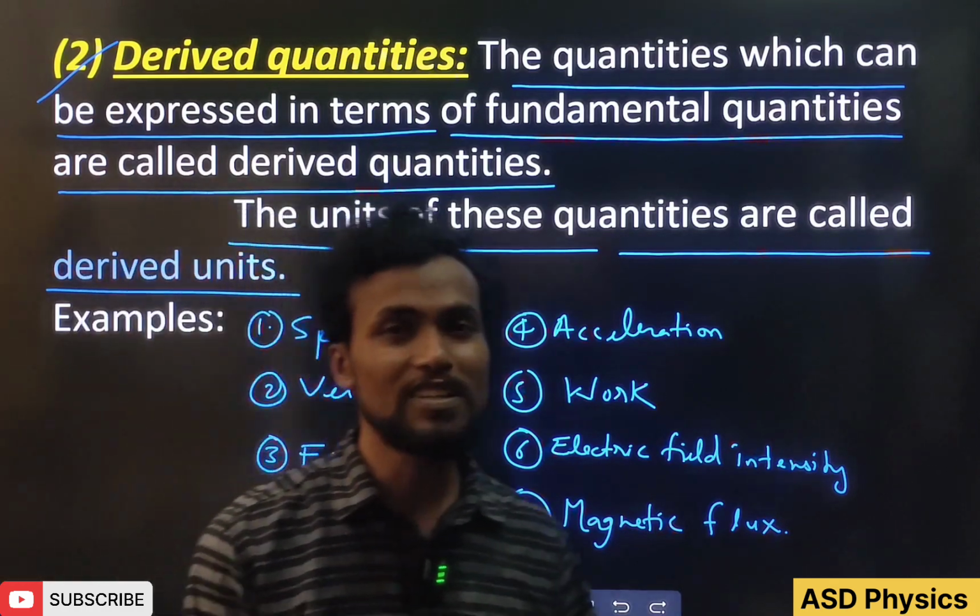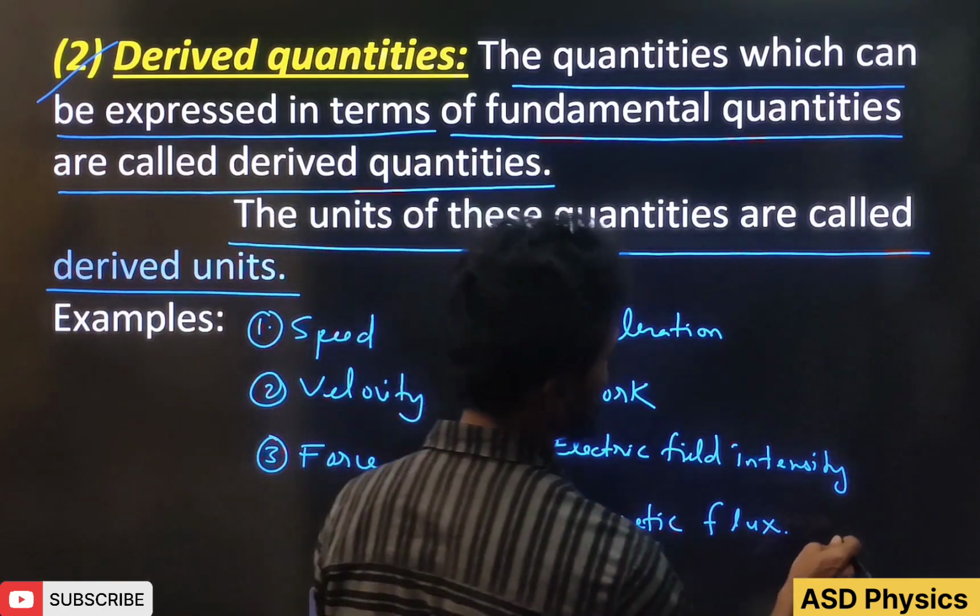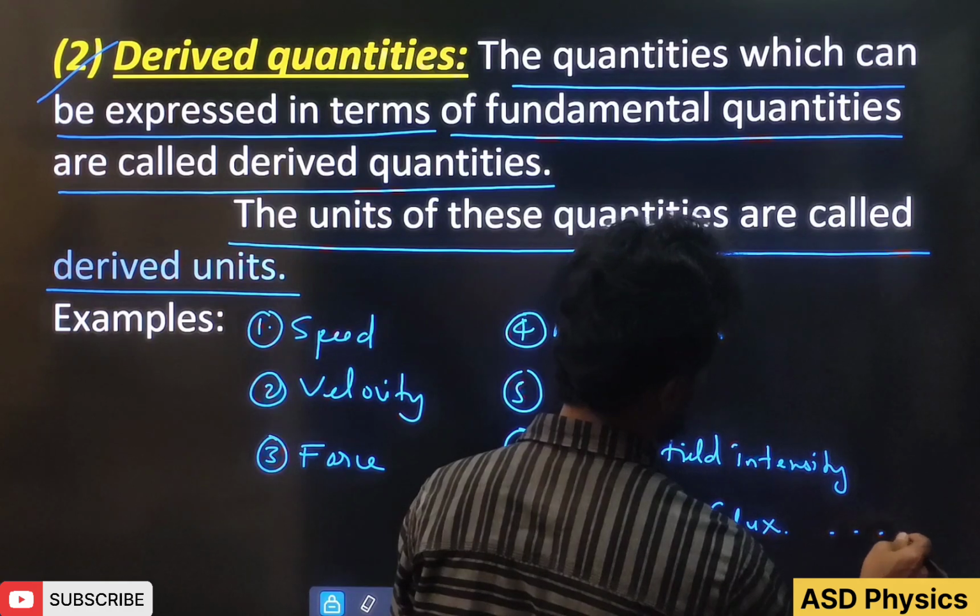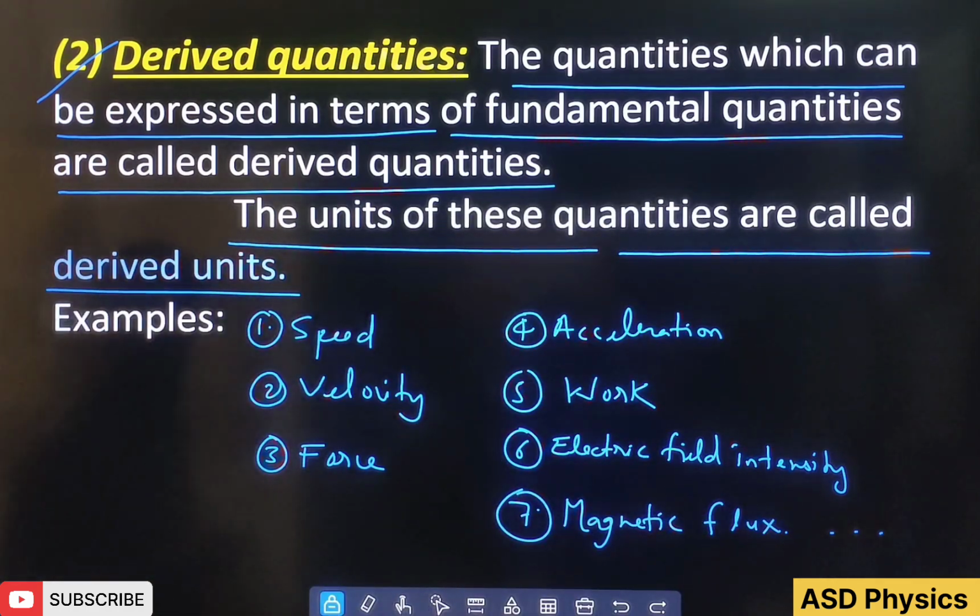All of them are derived quantities. So how many are there? So many, so many. Okay, students. So derived quantities means they can be expressed in terms of fundamental quantities.